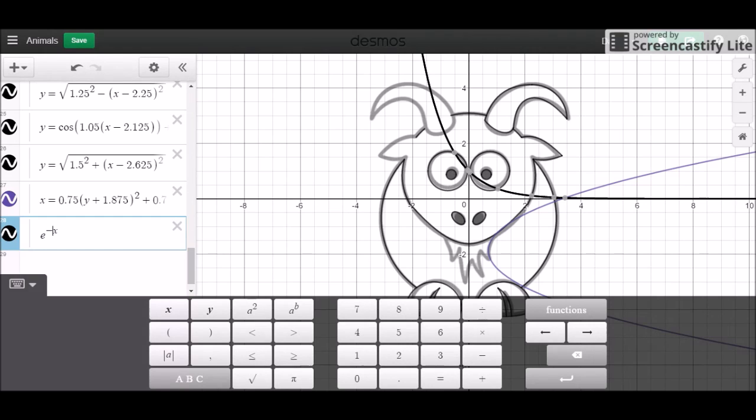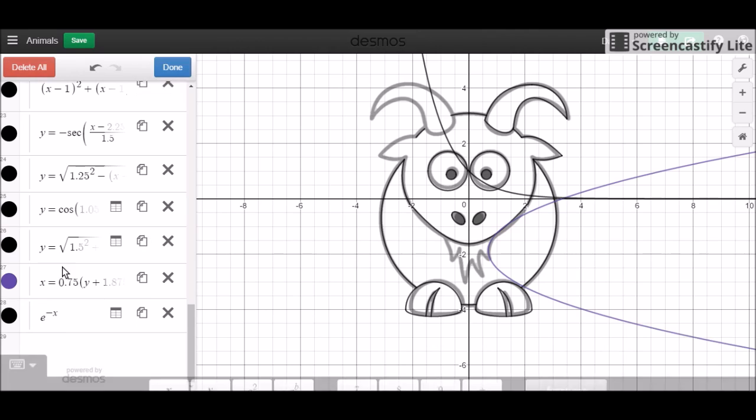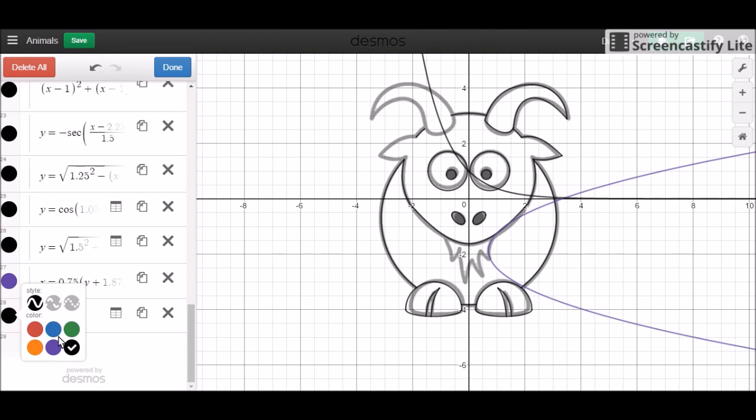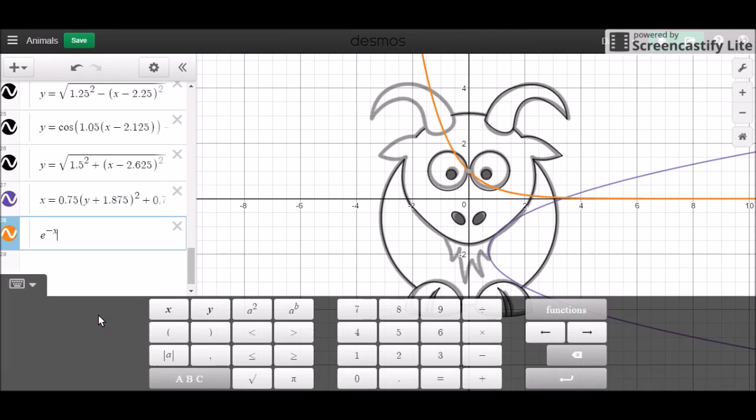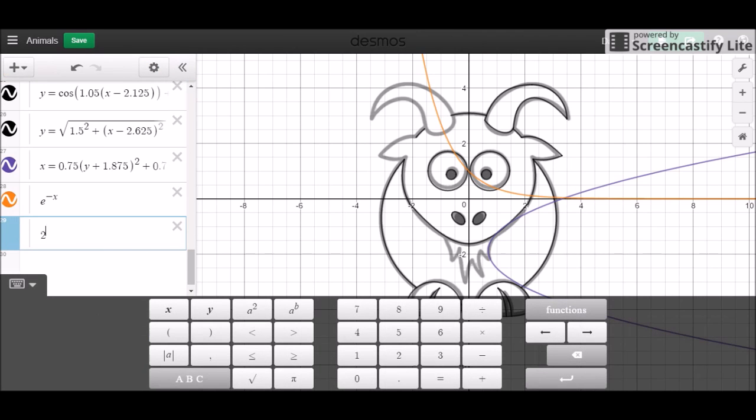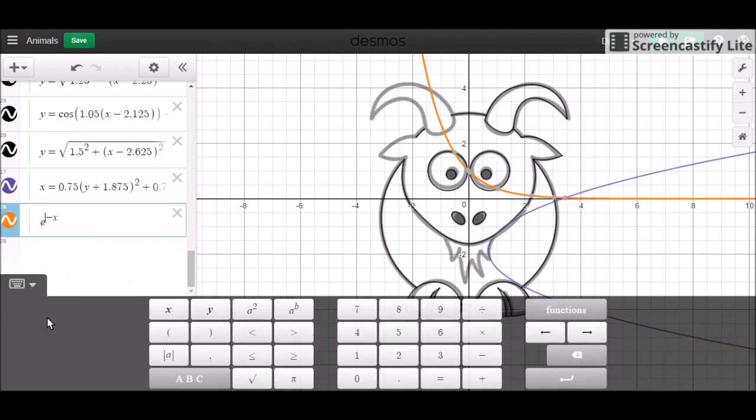E to the minus x, and, using a different color, 2 to the minus x. E to the x has a faster slope, so I might end up adjusting it to go as far as 3 or 4 to the x. I like E.